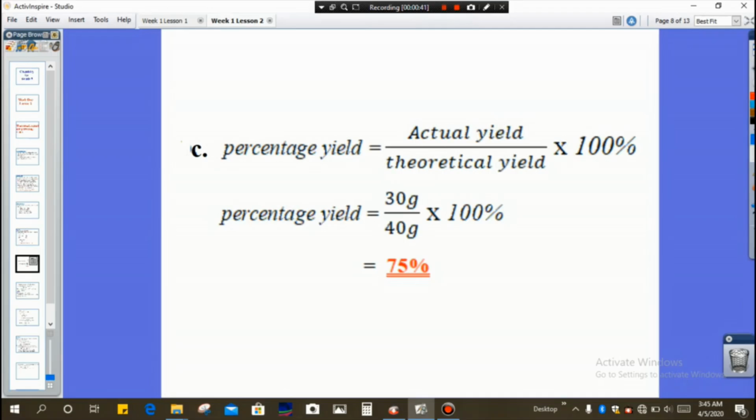This ratio multiplied by 100% gives 75%. The efficiency of this reaction, or the percentage yield of this reaction, is 75%.